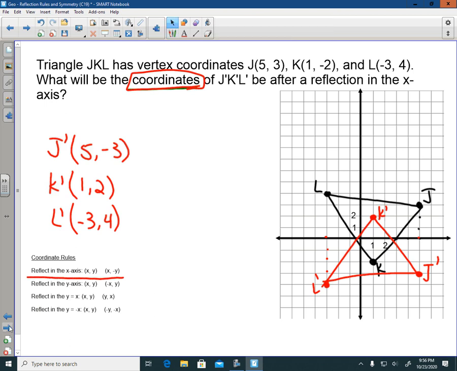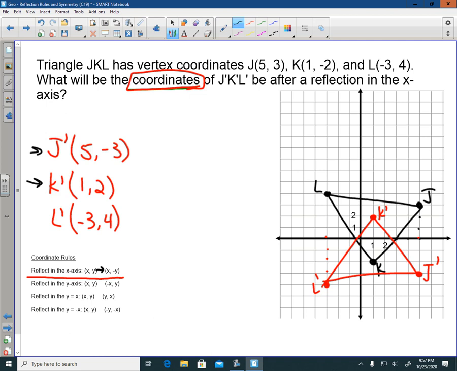Because the reflection in the x-axis rule can be really handy when you're just asked for coordinates. When you don't really need the graph, all you have to do is run those coordinates through the rule. Well, if J lives at 5, 3, doesn't the rule tell us that J' lives at 5, negative 3? If K lives at 1, negative 2, then the rule would tell us that we have 1, positive 2.